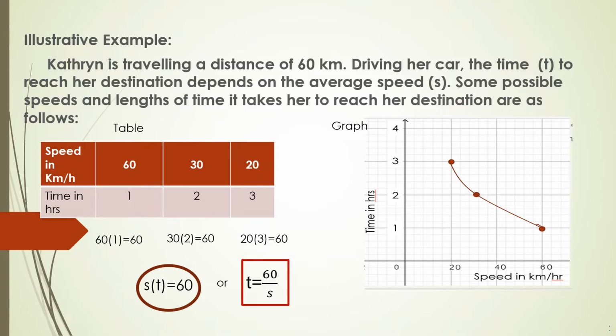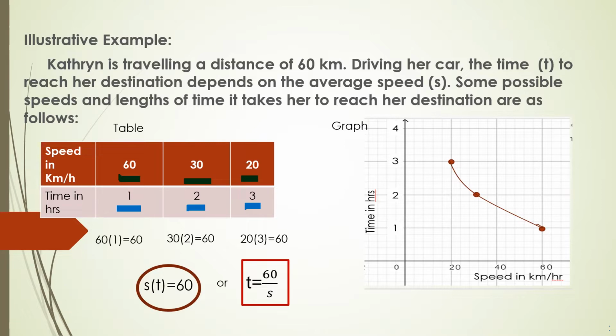Take a look at the table. What happens to the time when the speed decreases from 60 kilometers per hour to 30 kilometers per hour? The time increases from 1 hour to 2 hours. When the speed decreases to 20 kilometers per hour, the time increases to 3 hours.